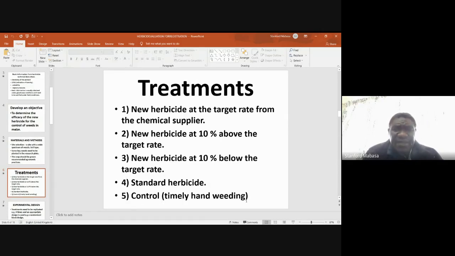Here we've got examples of treatments which we can use. Number one, we need the new herbicide at the target rate from the chemical supplier. We can either increase the target rate by 10%. That is number two. Number three, we can decrease it by 10%. It depends. It can be increased by 20, 30, or reduced by 20, 30.